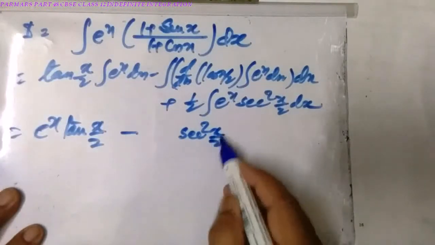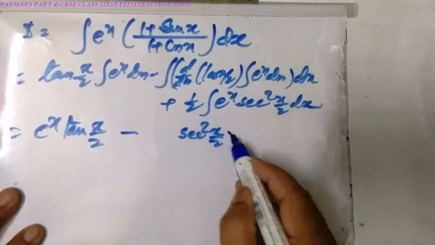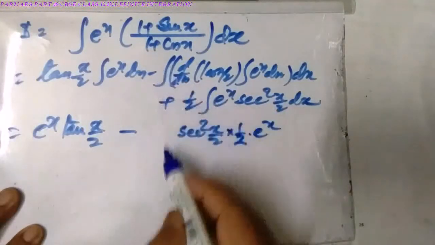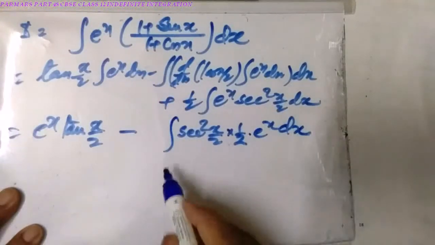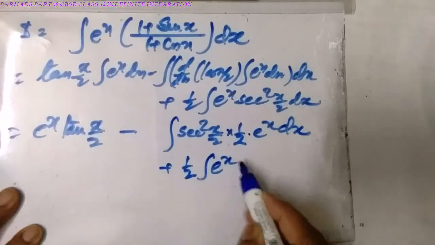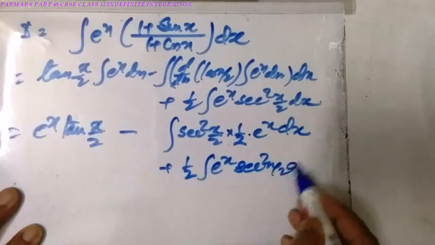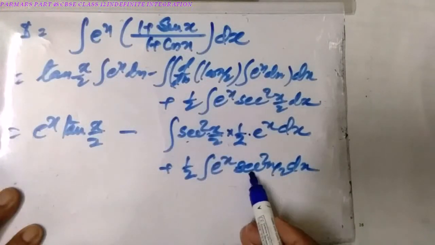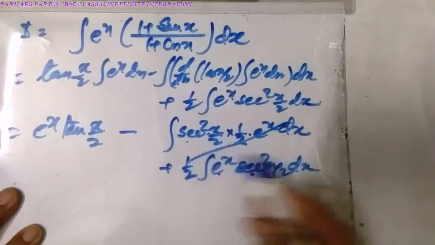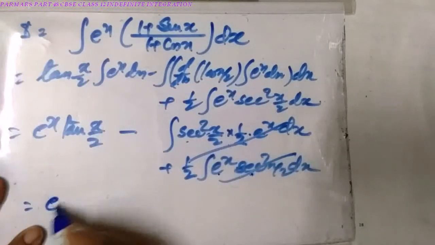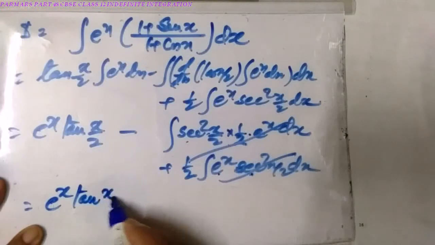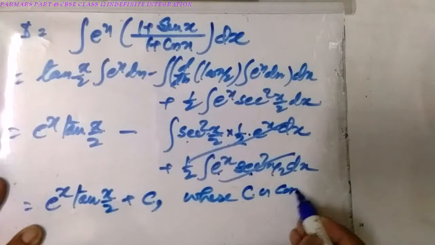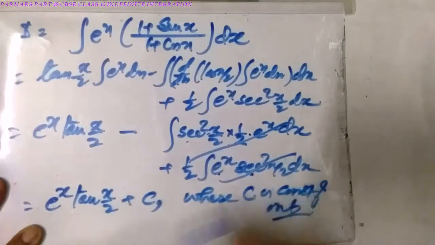You will get the derivative half, and the integration of e^x is e^x, so the whole integral dx plus half e^x sec²(x/2) dx. What do you see here? Half, sec²(x/2), e^x dx: these two are the same, minus and plus, so they cancel. So the answer is e^x tan(x/2) + c, where c is the constant of integration.